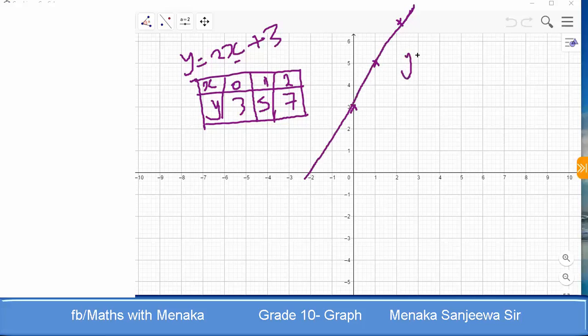Then this is y equal 2x plus 3. Now what's the gradient of this one? If the equation is given, you can find the gradient and intercept easily. What's the gradient? 2. Intercept is 3. We have done those things.